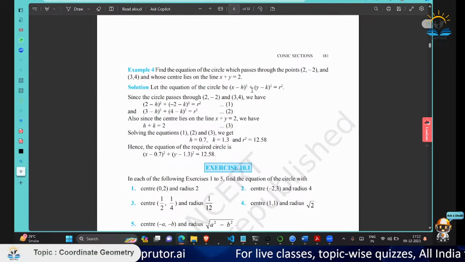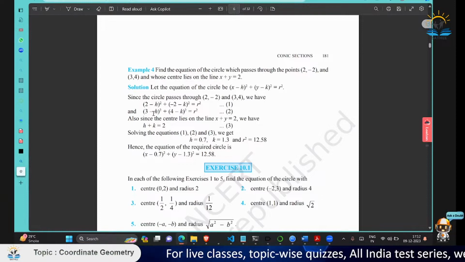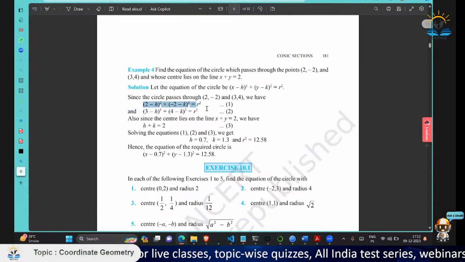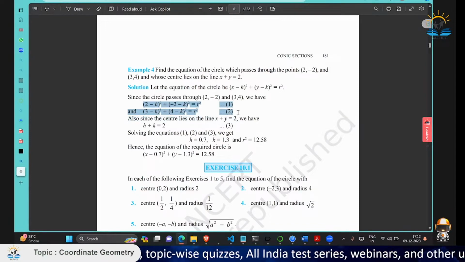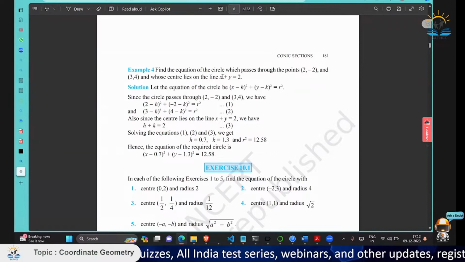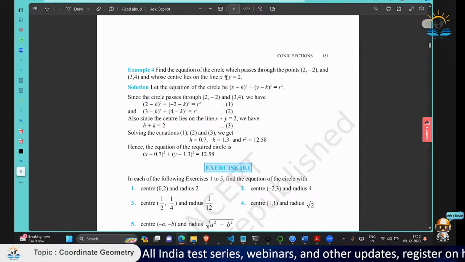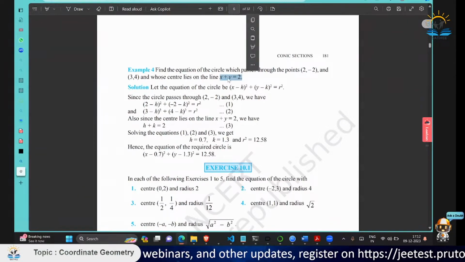Why can we put these 2 points? Because these 2 points satisfy the equation of the circle since they are lying on the circle, right? So we get these two equations. And since the center lies on the line x plus y equal to 2, we can plug in h comma k in this line equation, because h comma k is the center of the circle and that center lies on this line.